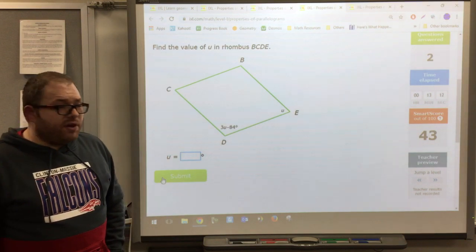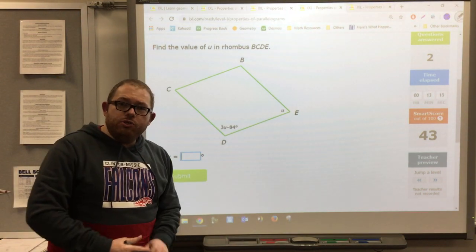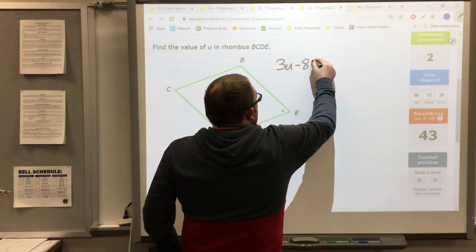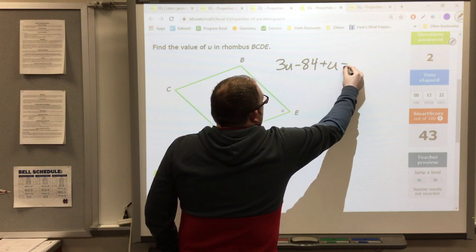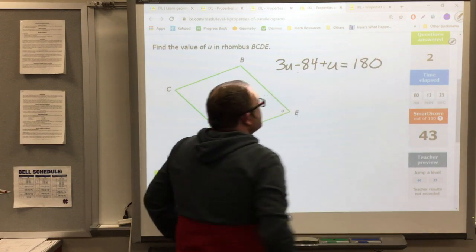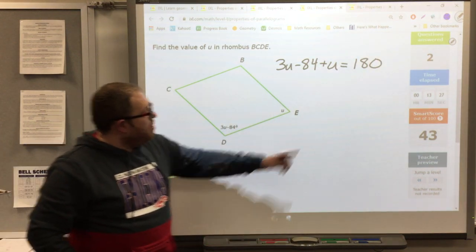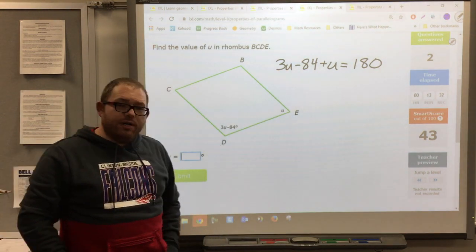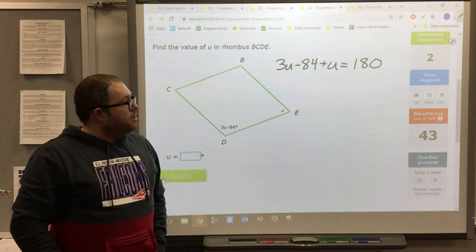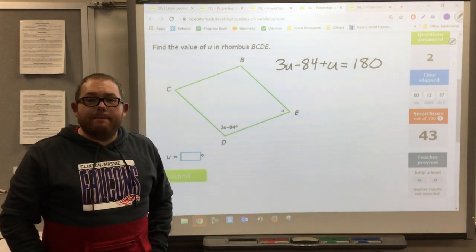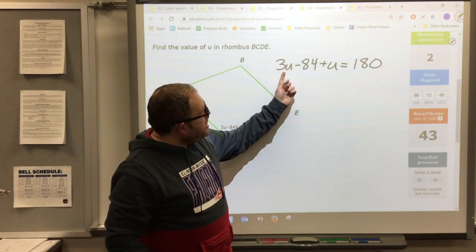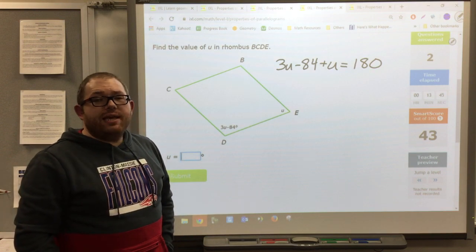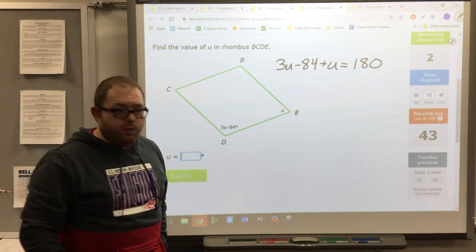So I'm going to start off on this problem by adding the two expressions together. After I put the sum of the two expressions together, I set that equal to 180 degrees. To solve this problem, we will first combine like terms. 3u, 1u, they're on the left side of the equation, so they combine to give us 4u.